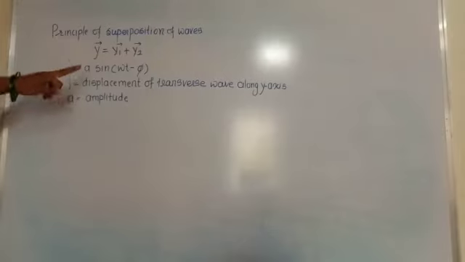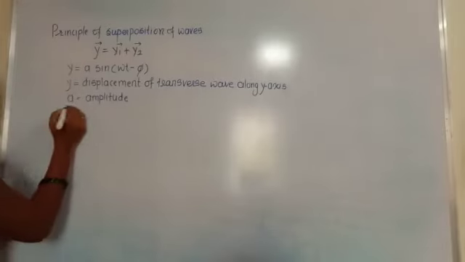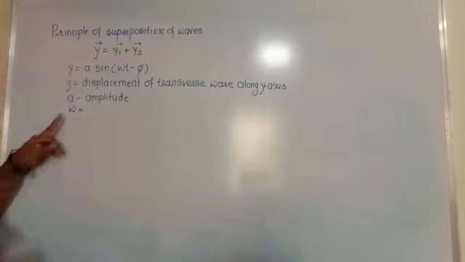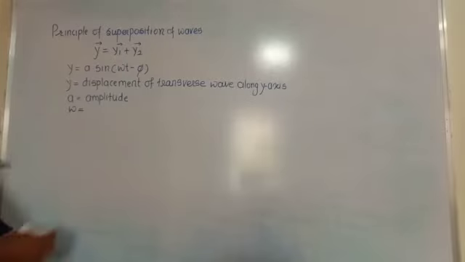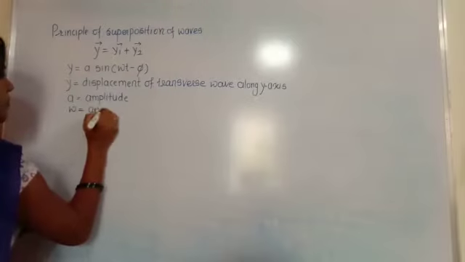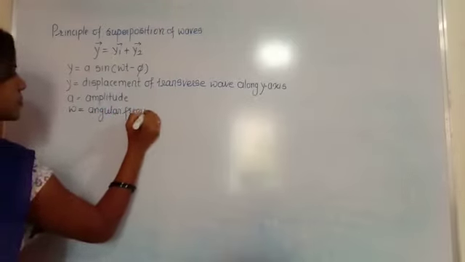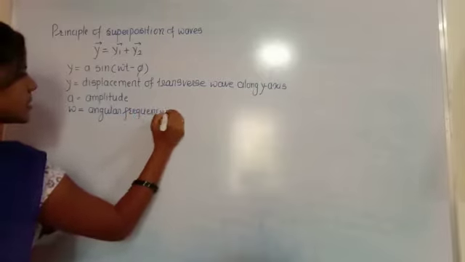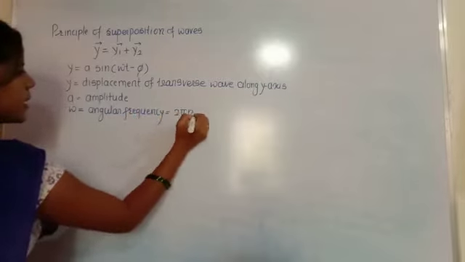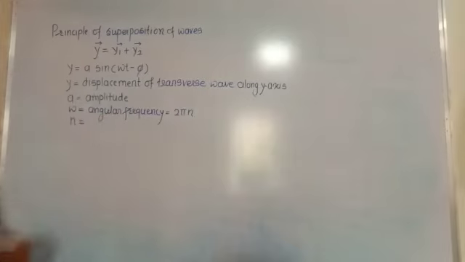Here omega is the angular frequency. This is nothing but 2 pi n, where n is the frequency of the electromagnetic wave corresponding to wavelength lambda.